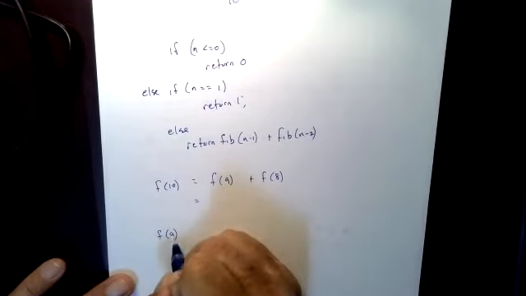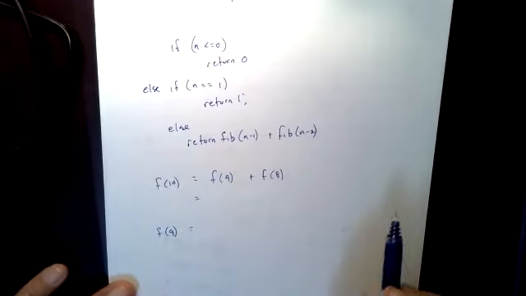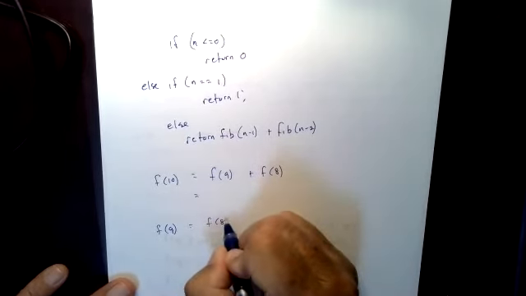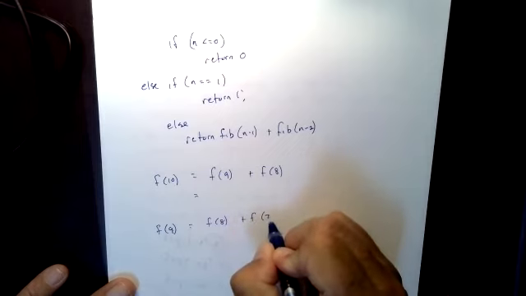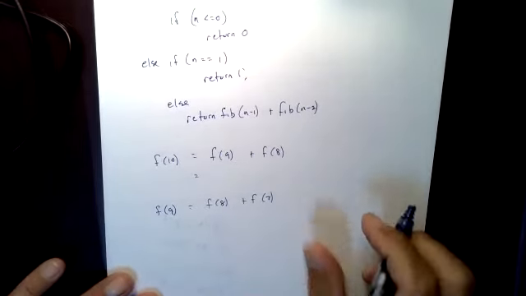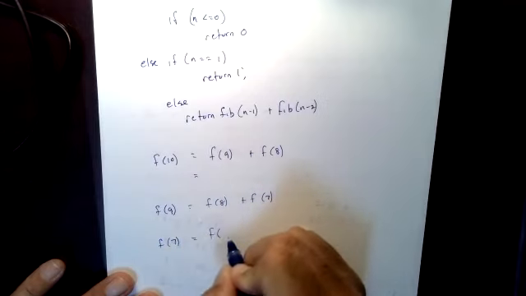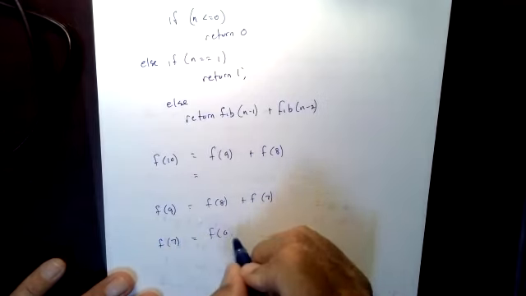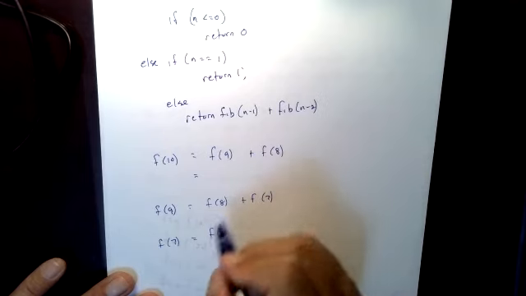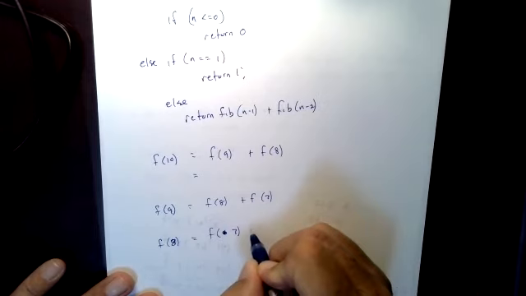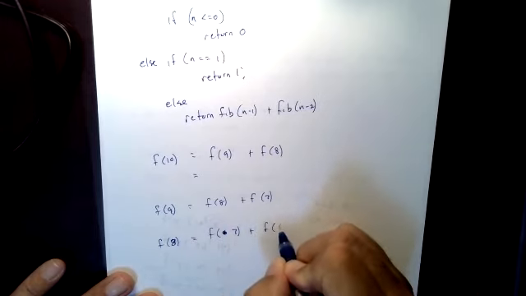Fib of 9 is kind of following along with the algebra from earlier. Fib of 9 equals fib of 8 plus fib of 7. I need 8 first. Fib of 8 equals fib of 7 plus fib of 6.